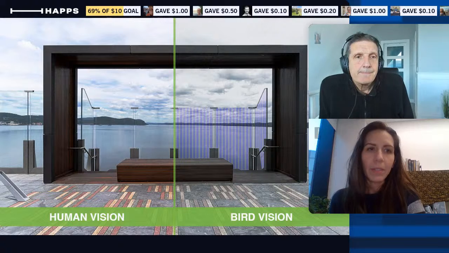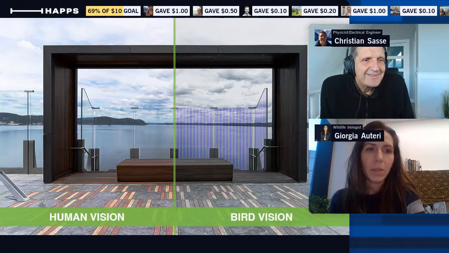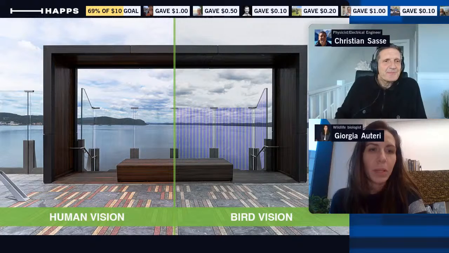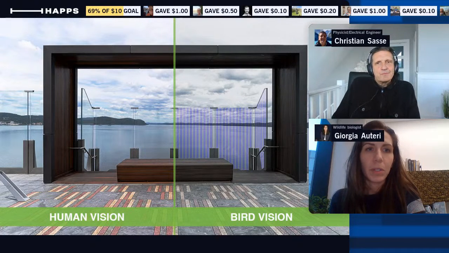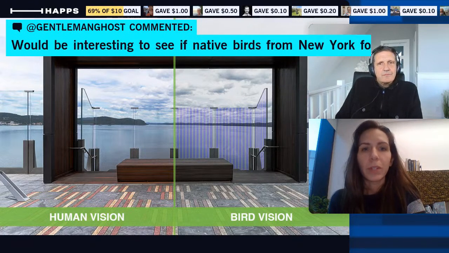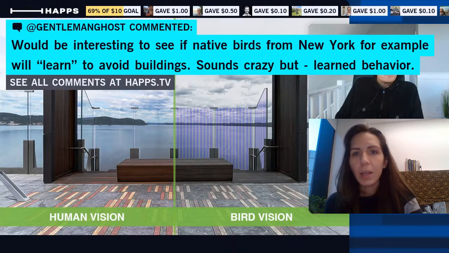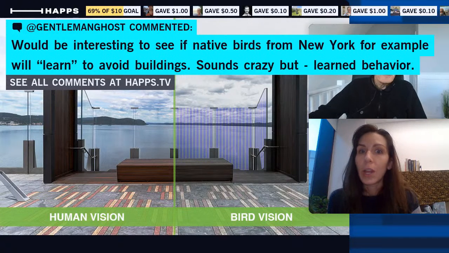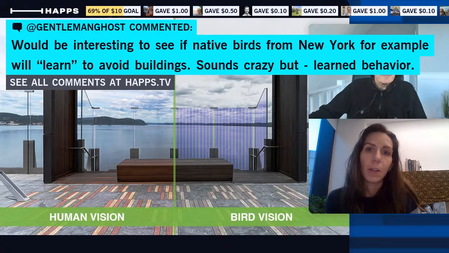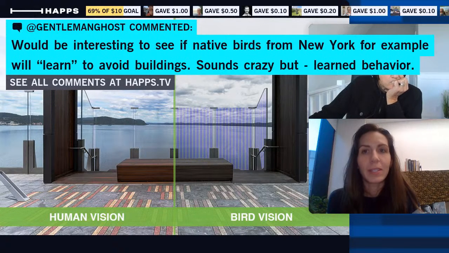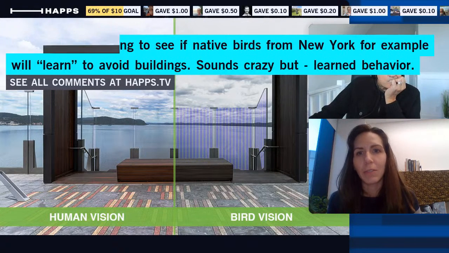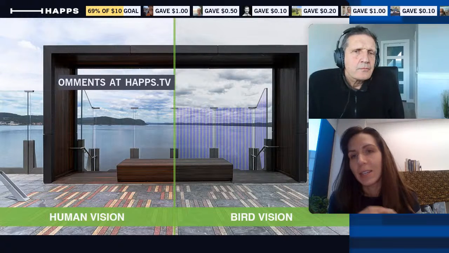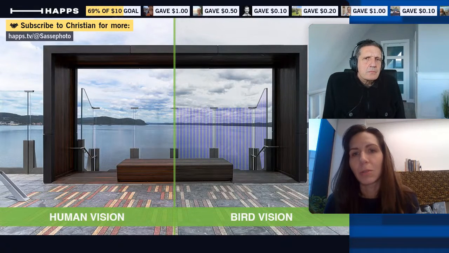We have an interesting comment from James Bourne: it'd be interesting to see if the native birds learn to avoid buildings. This is something I hear a lot. And it is worth thinking about, because animals do learn how to deal better with certain human changes to the environment. But it can be really hard to learn when the consequence is death. If there's a pretty big chance that you're going to die, then it's hard to learn to avoid it.